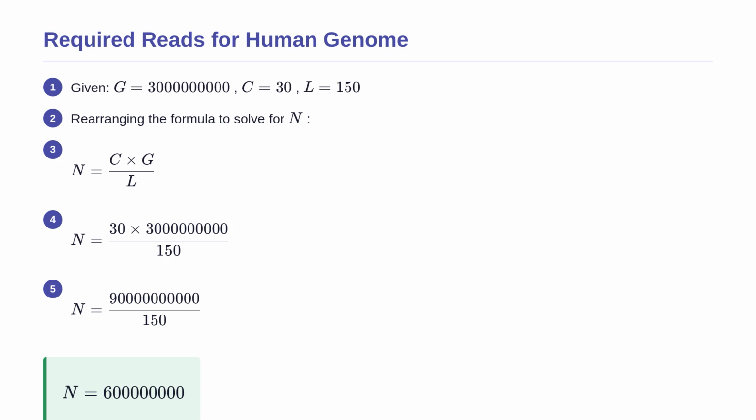We rearrange our formula to solve for N, multiplying coverage by genome size and dividing by read length. We plug in 30 for coverage, 3 billion for genome size, and 150 for read length. The numerator becomes 90 billion. Dividing by 150 gives us 600 million reads. Generating this much data takes immense computational power.